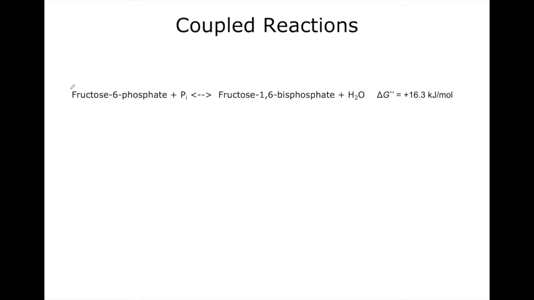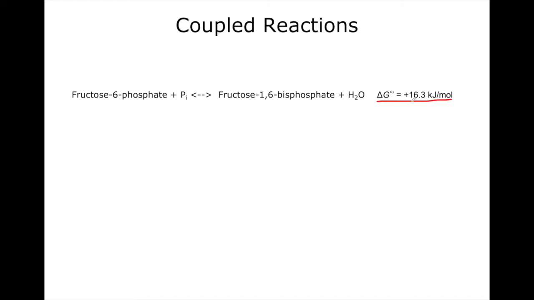Therefore, it is very important that this reaction occurs and we produce fructose 1,6-bisphosphate. If we're not able to produce this, then we cannot break down glucose and ultimately form energy, which is necessary for life, of course. Now, as you can see, the way this reaction is written, it is non-spontaneous.